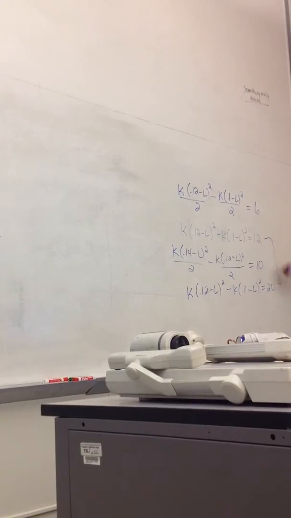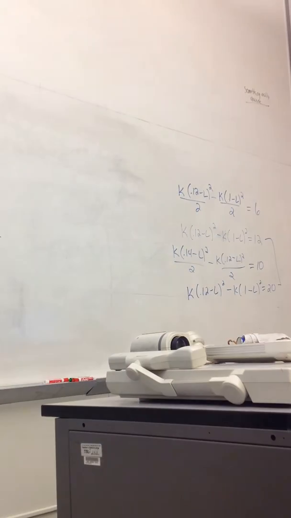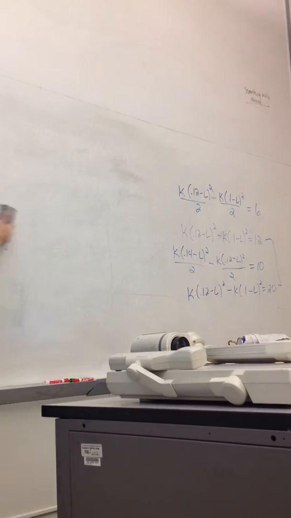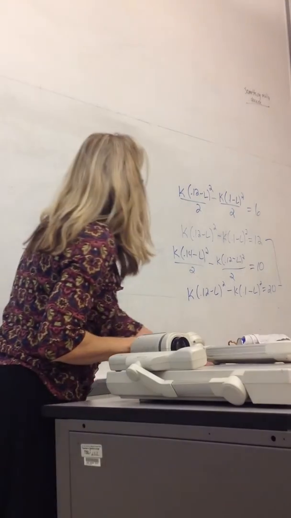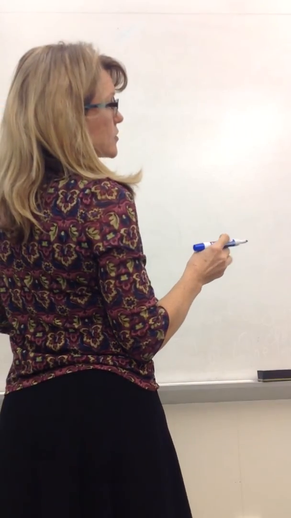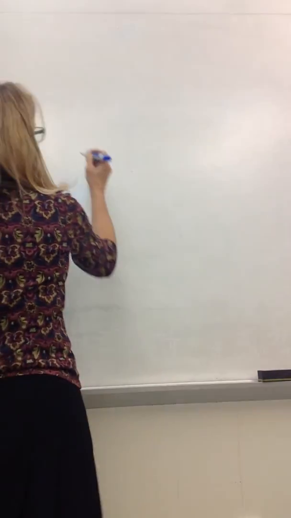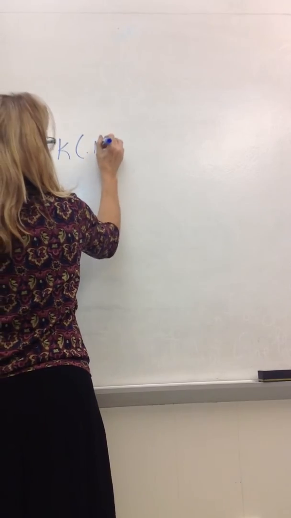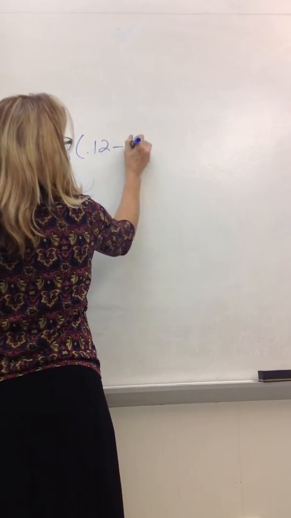Alright, so here are my two equations. And once I have two equations and I have two variables, I can simultaneously solve them to figure out my variables. Those look a little messier than they need to be, so hang on.